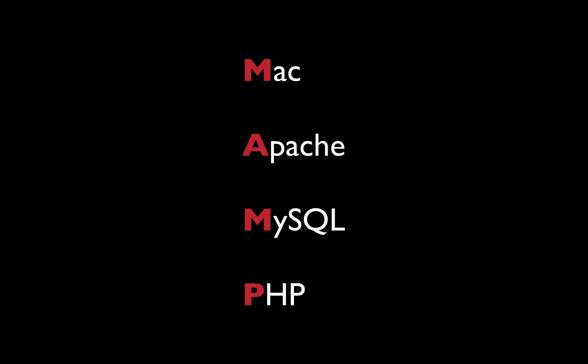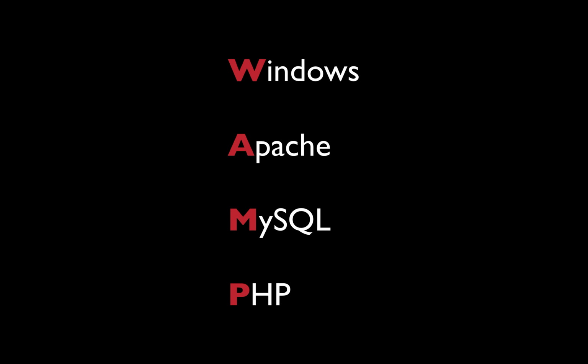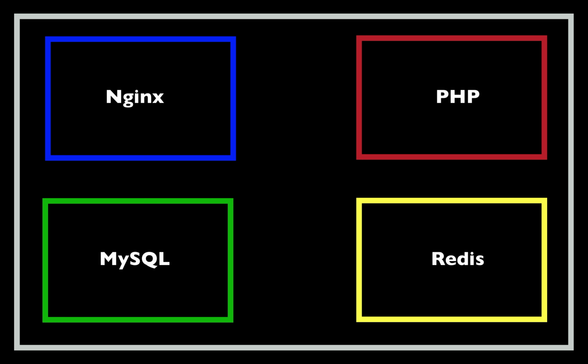You can swap the OS for Mac and it becomes a MAMP system, or you can swap for Windows and it becomes WAMP. You get the idea. But with Docker, however, this network which we create will be portable and able to be spun up on any operating system. So we can forget about that consideration and concentrate on the component parts.